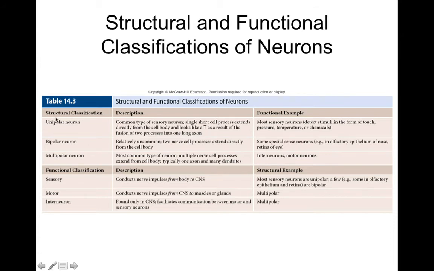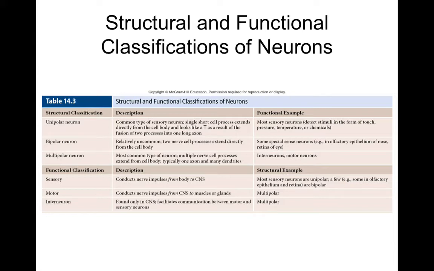Now, what this slide shows you guys is just a summary of what we just talked about. Structurally, we've got unipolar, bipolar, and multipolar neurons. Functionally, we've got sensory, motor, and interneuron. So what type of neuron has lots of processes? Multipolar, right? What type of neuron has one axon, one dendrite? Bipolar. And then what type of neuron has one long, slender process? Unipolar.